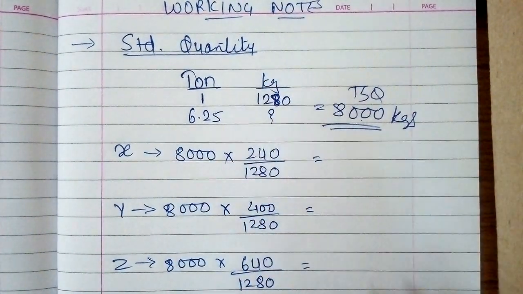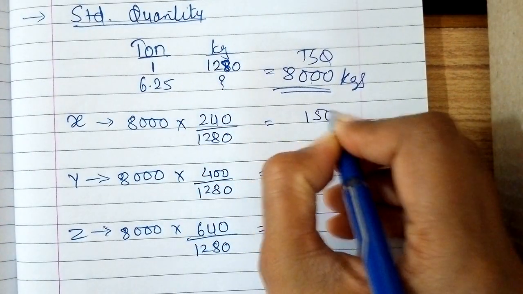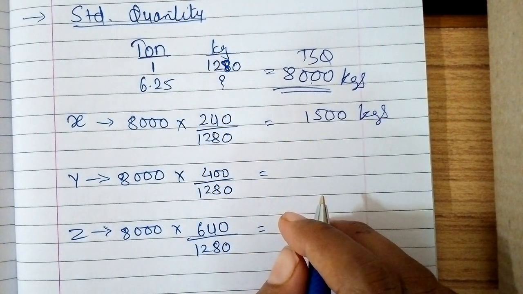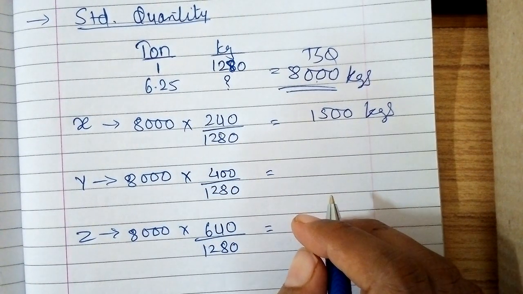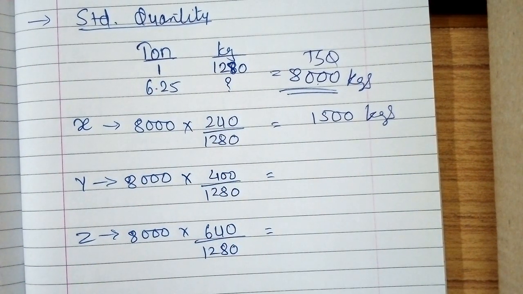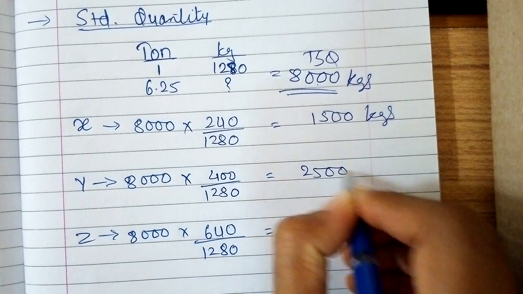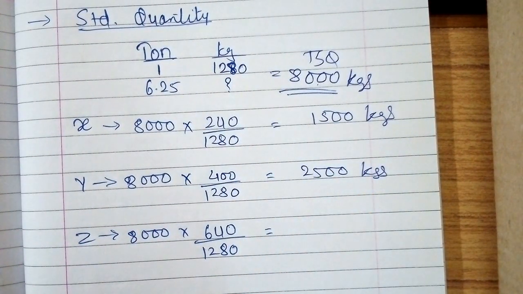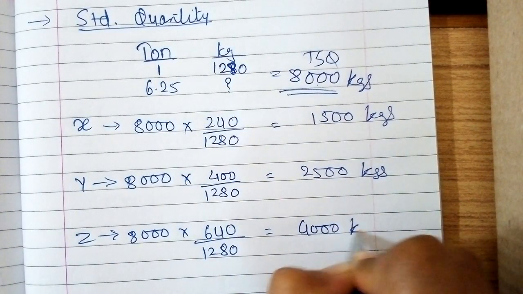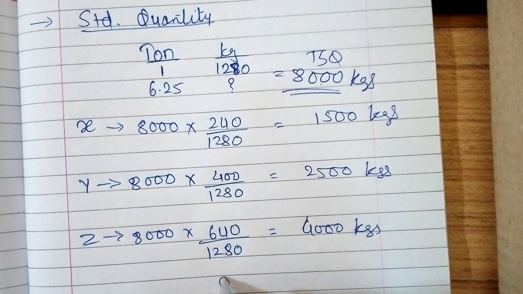Okay, so the answer is: chemical X is required at 1500 kilograms, Y is required at 2,500 kilograms, and Z is 8,000 into 640 divided by 1280, 4,000 kilograms.